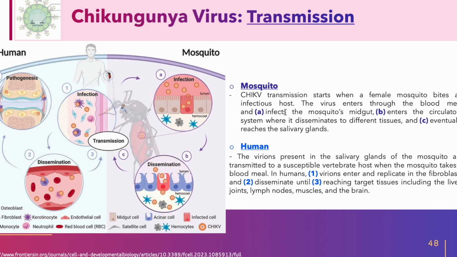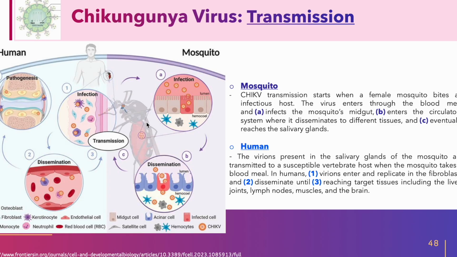The virus can amplify itself in the midgut, or stomach, of the mosquito and then circulate in the system and disseminate into the salivary glands, ready to spread to the host like humans.